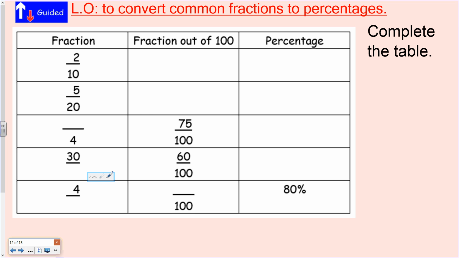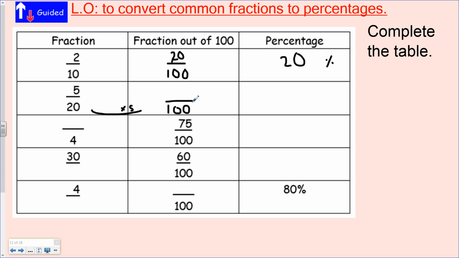2/10 is going to be, out of 100, 20 hundredths. Okay, so 2/10 is the same as 20 hundredths, which is the same as 20%. 5/20ths, to make it out of 100, I'm going to times by 5.